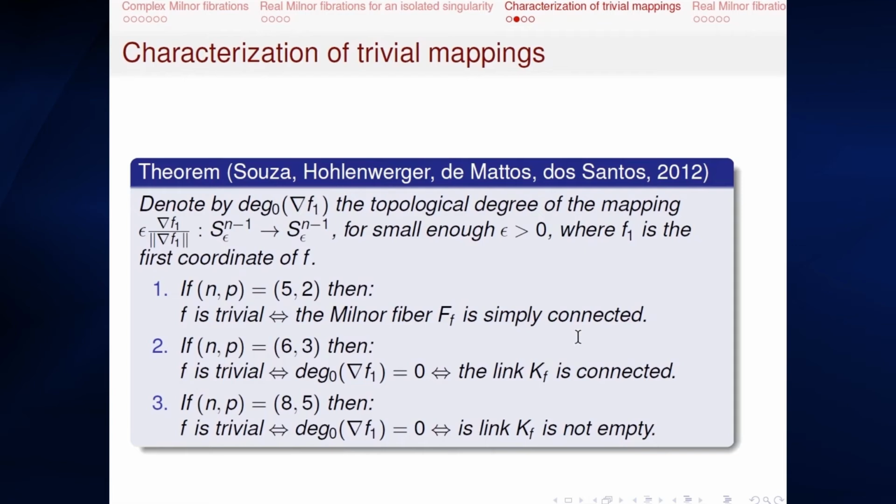For dimensions 6 and 3, f is trivial if and only if the topological degree is 0, if and only if the link is connected. And for dimensions 8 and 5, f is trivial if and only if the topological degree is 0, if and only if the link is not empty.